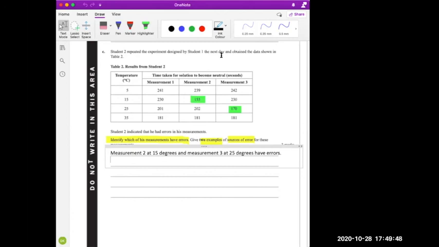Because if you're saying stuff like, oh, added too much sodium bicarbonate, which is alkaline, that would make the solution more basic, and that would make it take a lot longer to reach pH 7, right? So you want to make sure that it makes sense given the context.